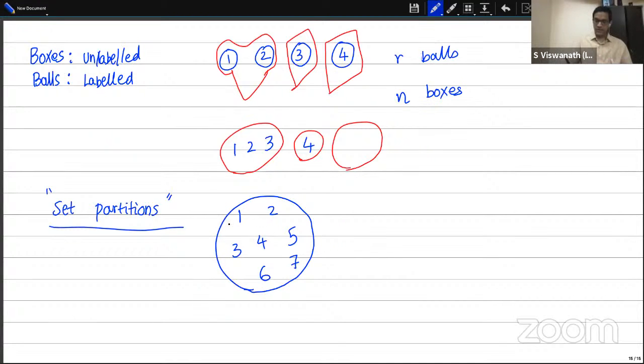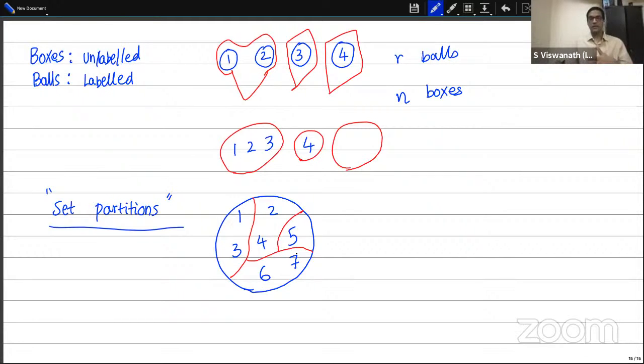Partition means I put them into blocks, like equivalence classes, if you wish. So 1 and 3 are in one block. 6 and 7 are together. 5 is by itself. 4 and 2 are together. Imagine this is a way of putting them into boxes. These are the 4 boxes. But the order of the boxes doesn't matter. This is how I have divided.